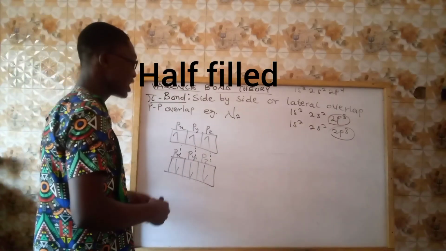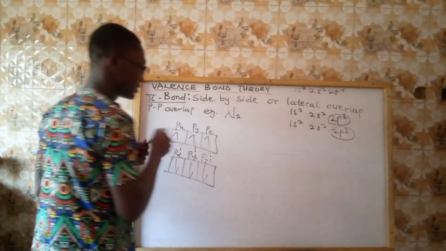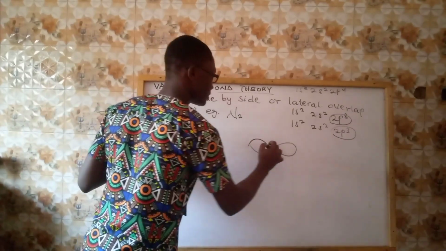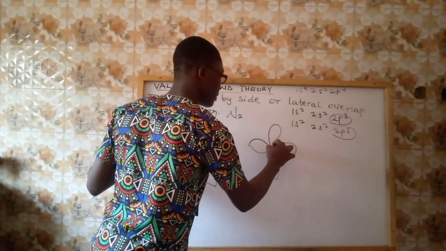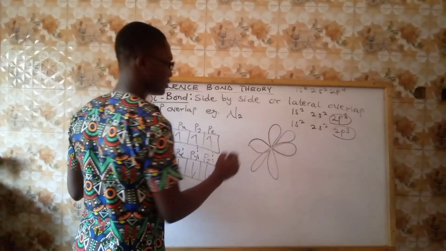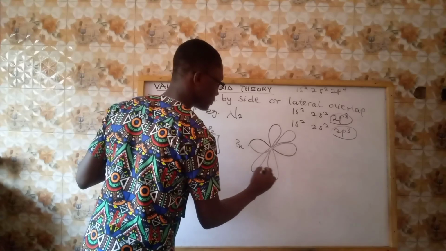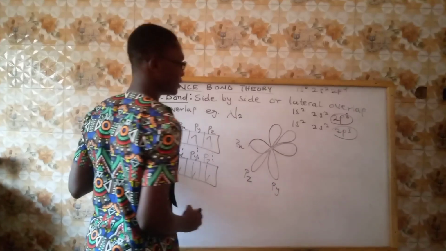So let's draw the structure. For the first one, we have px, py, and pz.